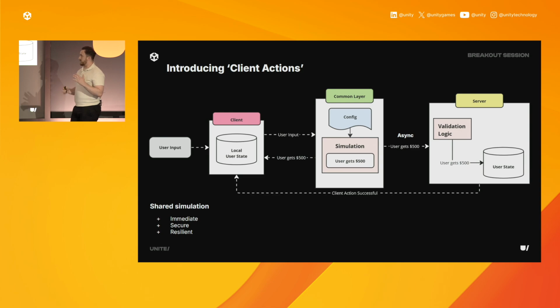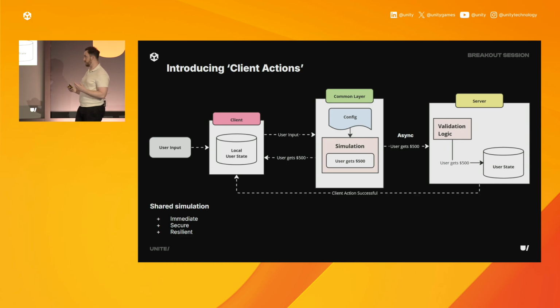This is where client actions and our shared simulation model come into play. In our approach on Monopoly, we have a common layer that's shared between the client and the server. This is where the main simulation logic lives. So you can see in this flow, we would take the user input from the client, and on the client, we would execute that shared logic.